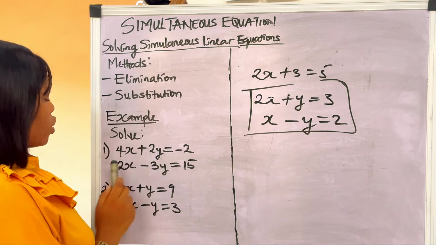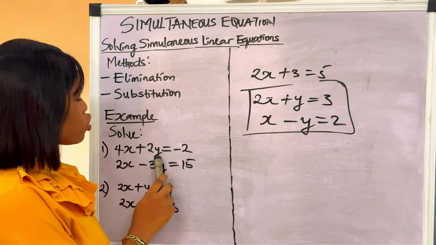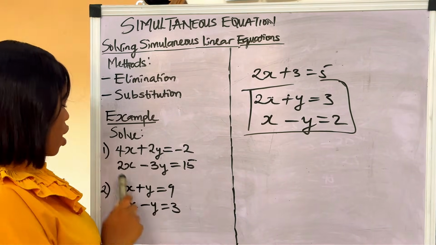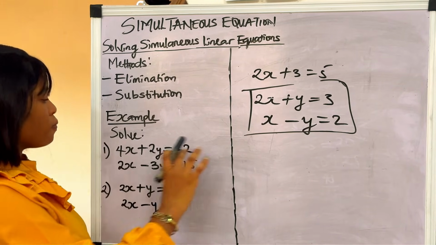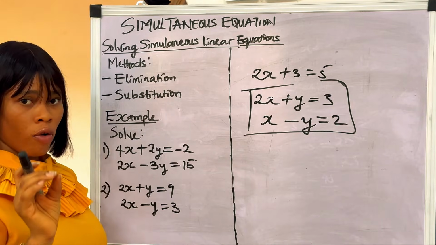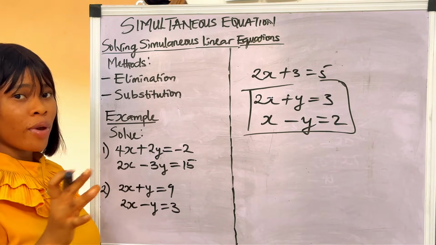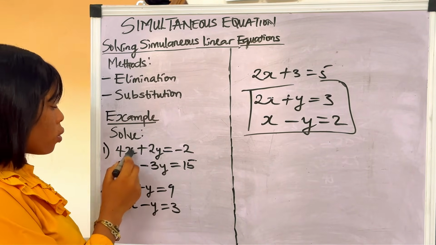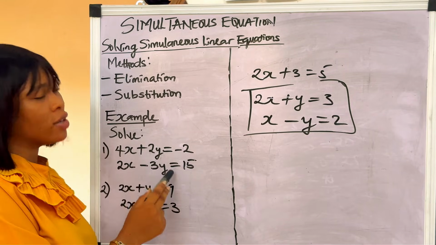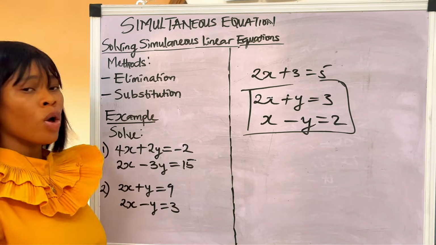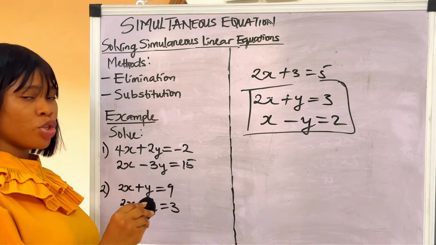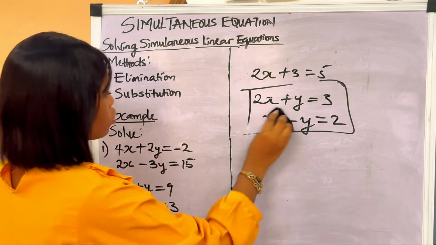Now, we have number one: 4x plus 2y equals minus 2 and 2x minus 3y equals 15. You can see this is a pair of equations where we have to solve for both variables x and y. Now, we'll be using the elimination method to solve this question.